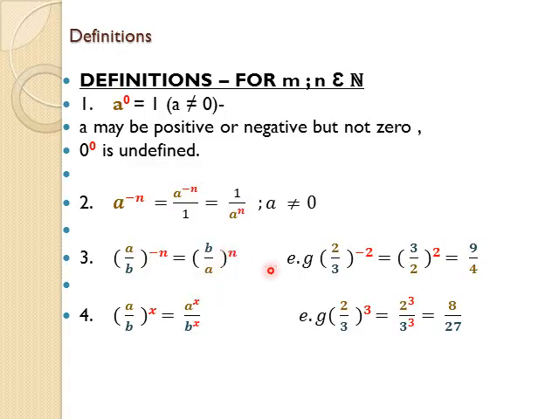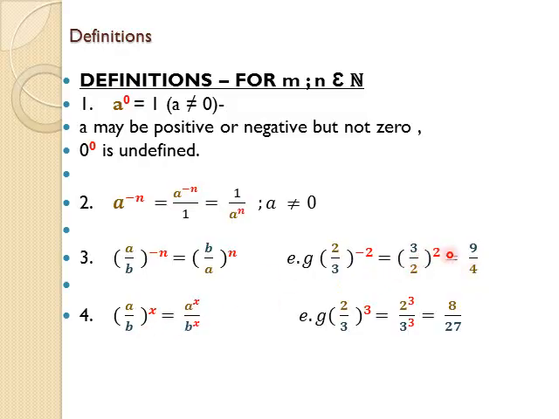If you look at the example, if I have 2 over 3 to the negative 2, take the negative in and I flip the fraction around. So 3 goes to the top, 2 goes to the bottom, and the exponent becomes positive. 3 squared, 3 times 3, not 3 times 2. 3 times 3 is 9, and 2 squared, 2 times 2, is 4.